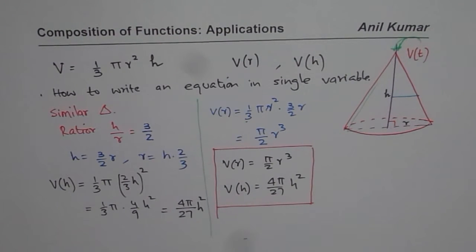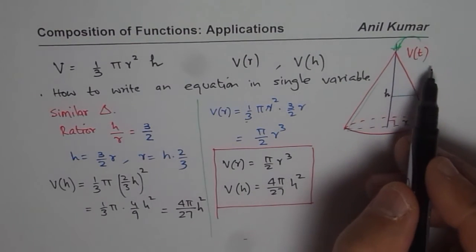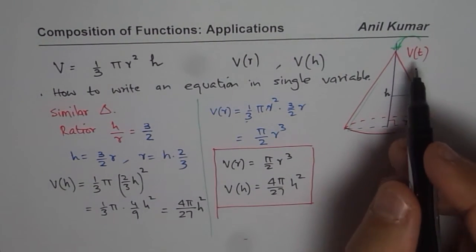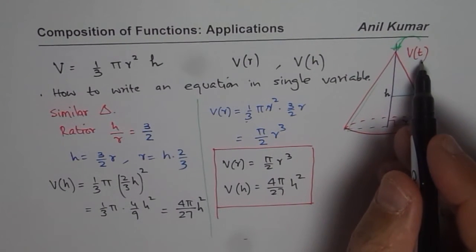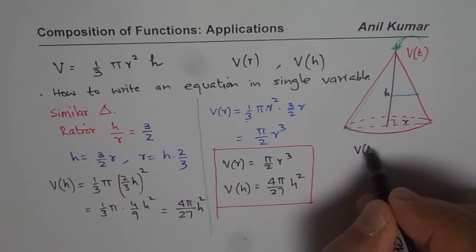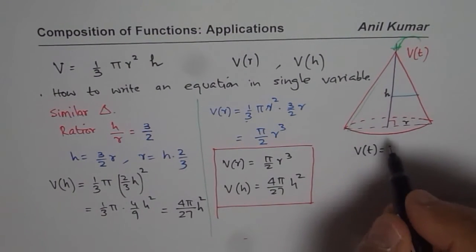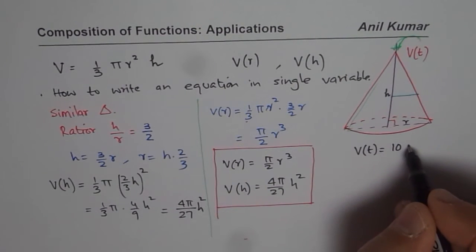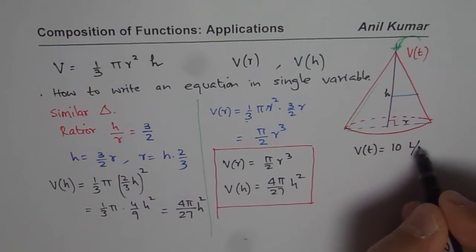Now suppose I tell you that the rate at which the volume is increasing, or the volume is getting added, is known to us. That is, the change in volume with time is, let us say, 10 liters per second. It is 10 liters per second, right?